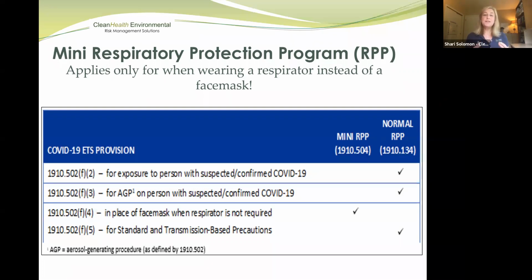And as an industrial hygienist, this was really just another way of explaining what we call the voluntary use. Under the traditional respiratory protection standard, Appendix D already had a provision about voluntary use and who would need to be notified of that. So this is really taking the voluntary use under the respiratory protection program and creating what they're now defining as a mini respiratory protection program.